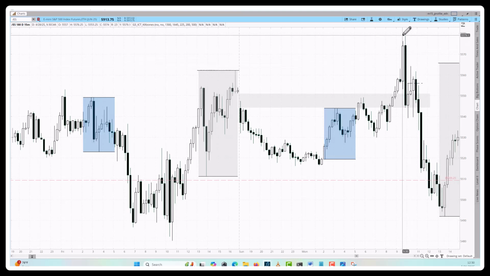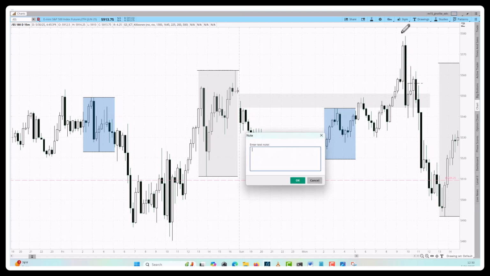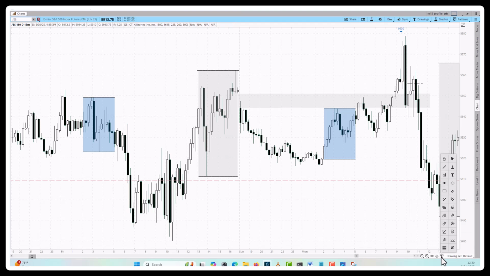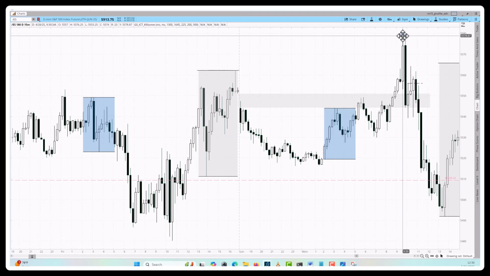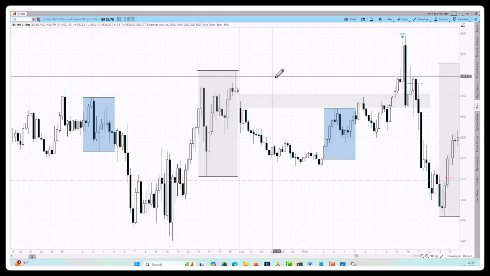So right here is at 9:30. It's 9:30 right there. And we have a Judas swing. Keep in mind, this is a Judas swing right here.